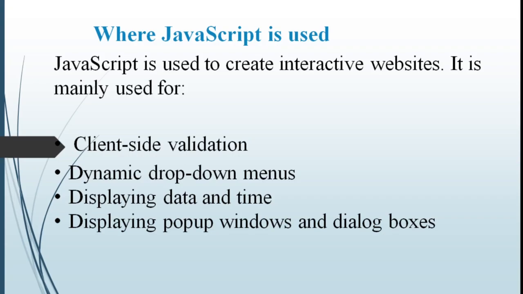This is called client-side validation. Dynamic drop-down menus. This drop-down list is an excellent way to give the user an option to select from a predefined list. If we want to select a list of values, this is mainly used in Excel sheets.